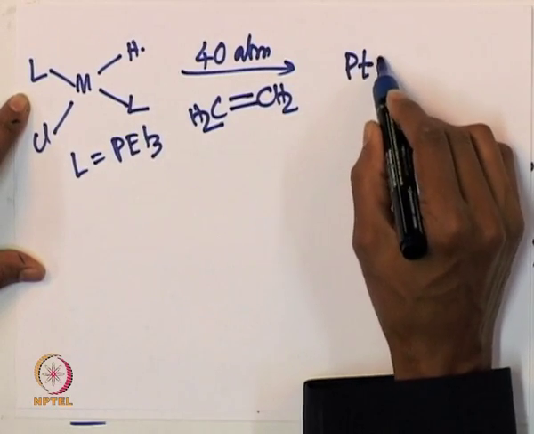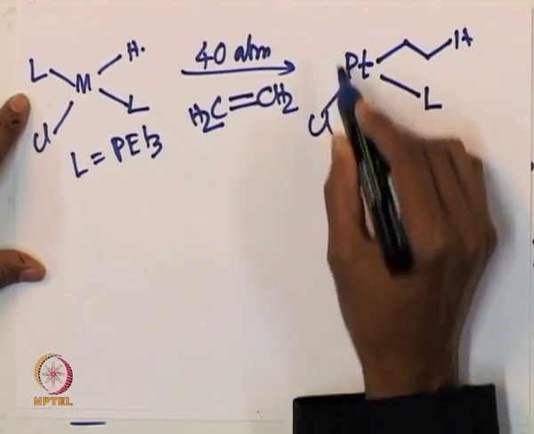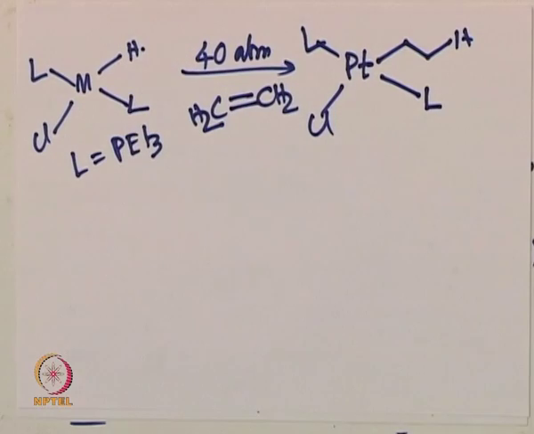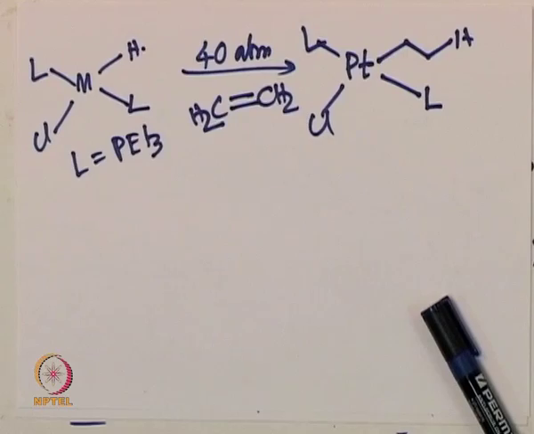In this case, with platinum, it gives HL chloro and ligand. So, this is one of the first examples, way back in 1962, where a metal complex was reacted under pressure with olefin to get the metal alkyl species.